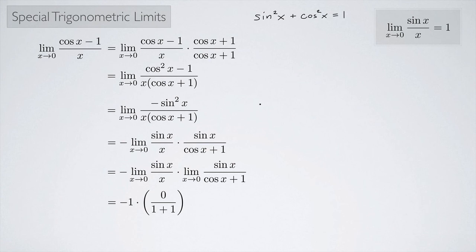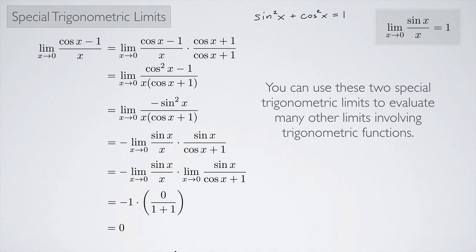That was the limit we found before, and so with the minus sign that's out front, that's a minus 1. And then the second limit, as x approaches 0, well, this is 0, cosine of x approaches 1. We have 0 over 1 plus 1, and that's just 0. So now we have both of our limits, and you can use these two special trigonometric limits to evaluate many other limits that involve trigonometric functions.